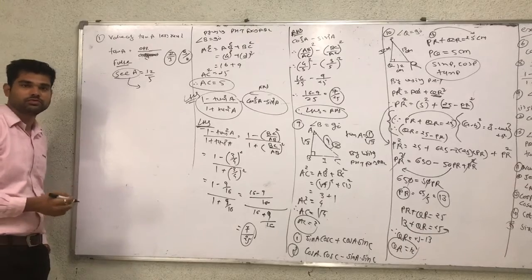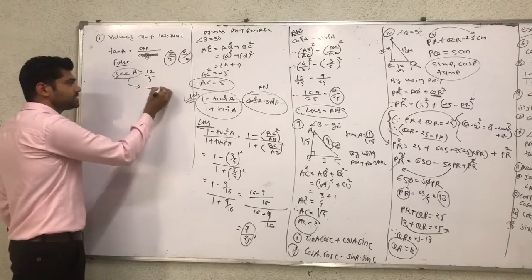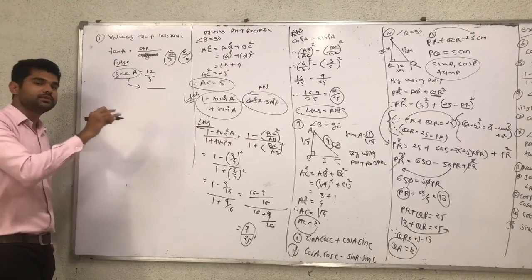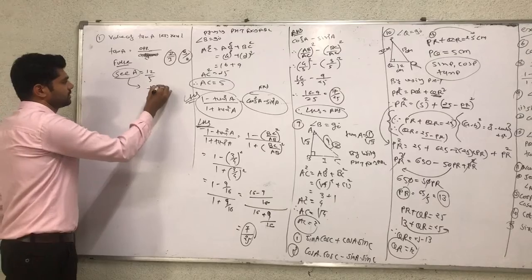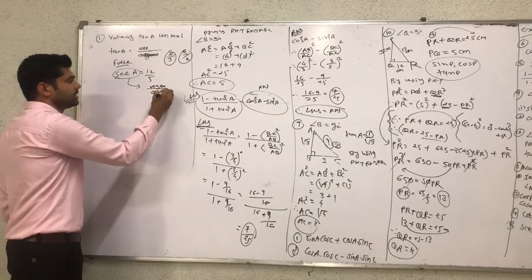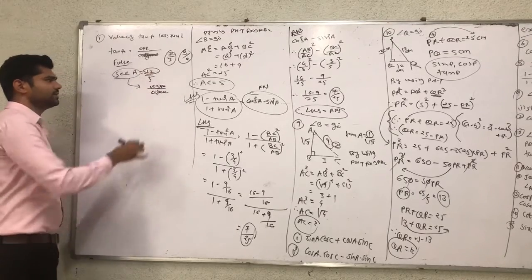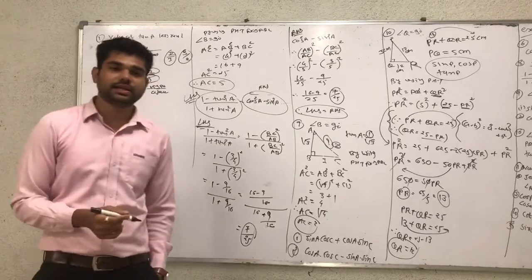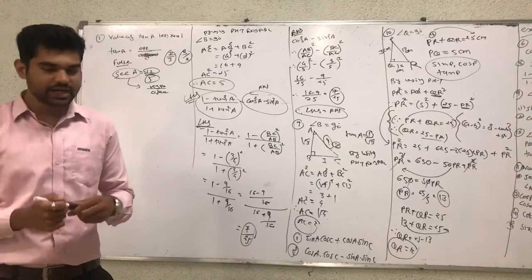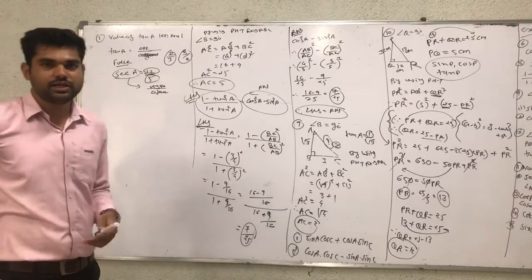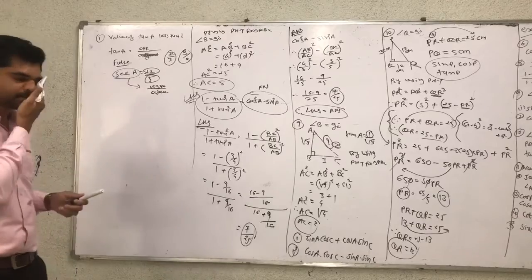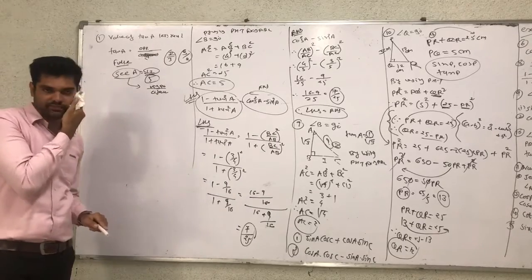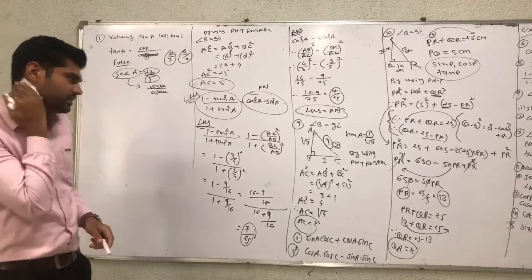Cos means adjacent upon hypotenuse, so reciprocal is hypotenuse upon adjacent side. So 12 is the hypotenuse and 5 is the adjacent side. In a right angle triangle, hypotenuse is the biggest side. So this relation proves that sec A is equal to 12 by 5 is right. So second statement is true.